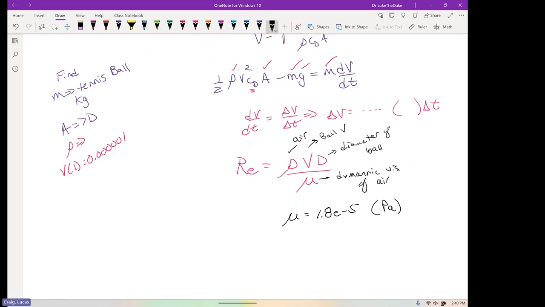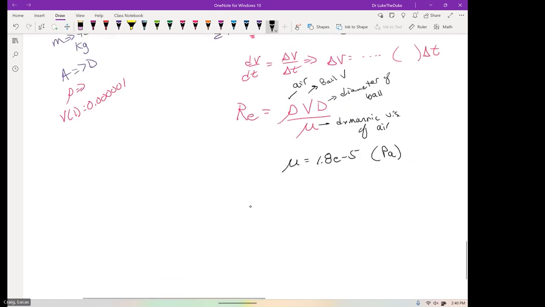Why am I giving you this? Because if the Reynolds number is less than 2 e to the plus 5, CD is 0.5, else CD is 0.2.